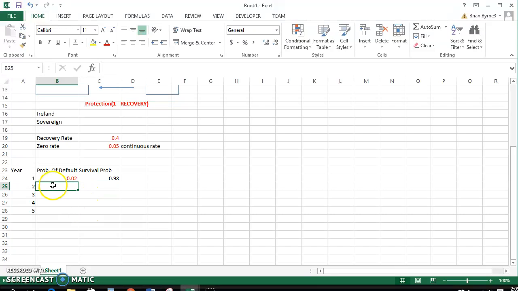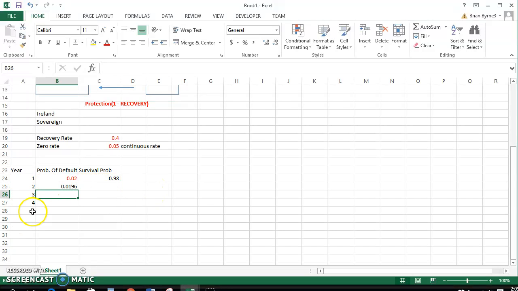And you could only default in year 2 if you had survived year 1. So in a sense, the level of default in year 2 would be equivalent to 0.02, which we dollarize by hitting F4, multiplied by the survival probability in the preceding year.